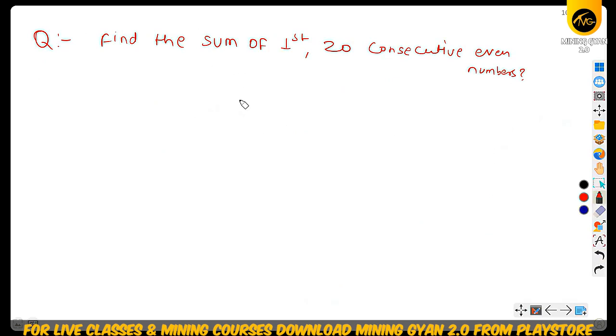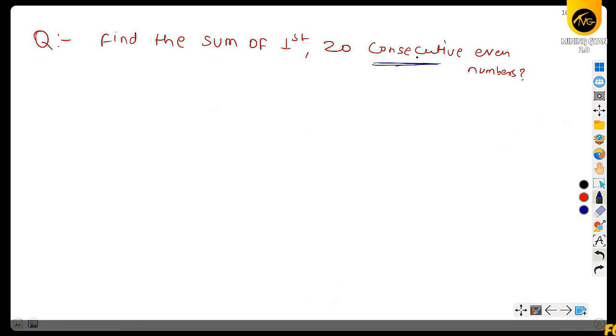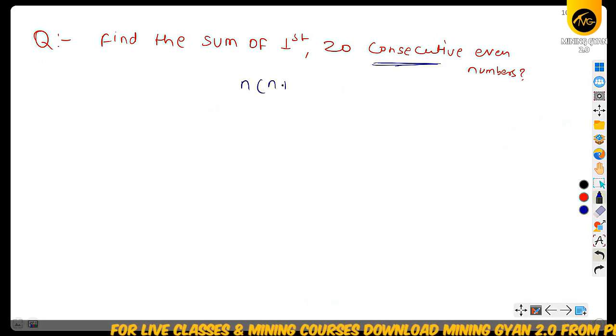Now the next one is: find the sum of the first 20 consecutive even numbers. Now again you have to use another formula. The term used in this question is consecutive, that is, consecutive even numbers. If there are consecutive even numbers, then you have to use the formula n into n plus 1.